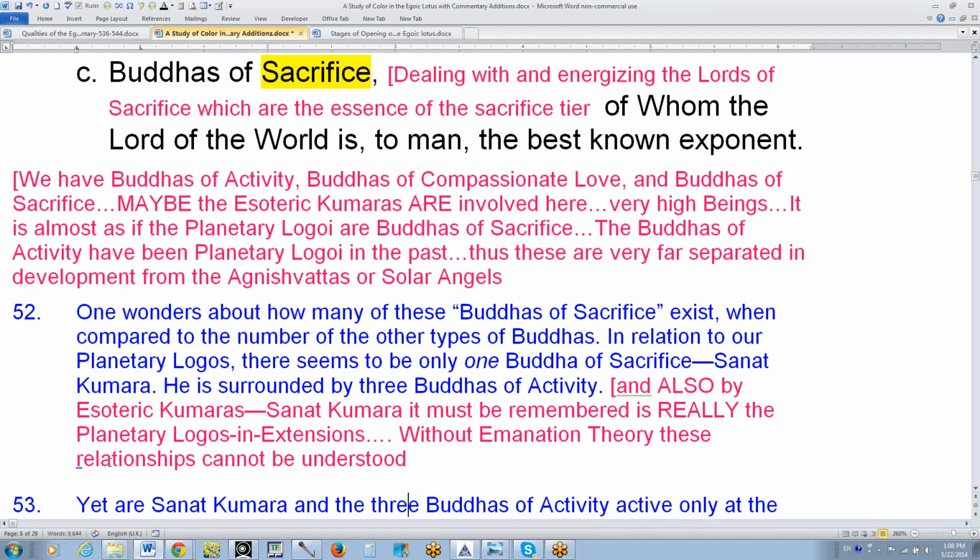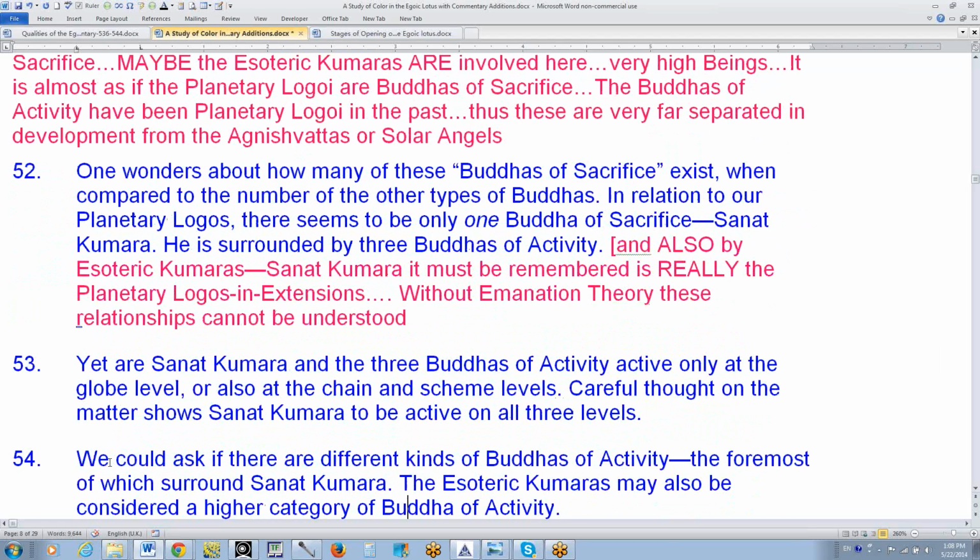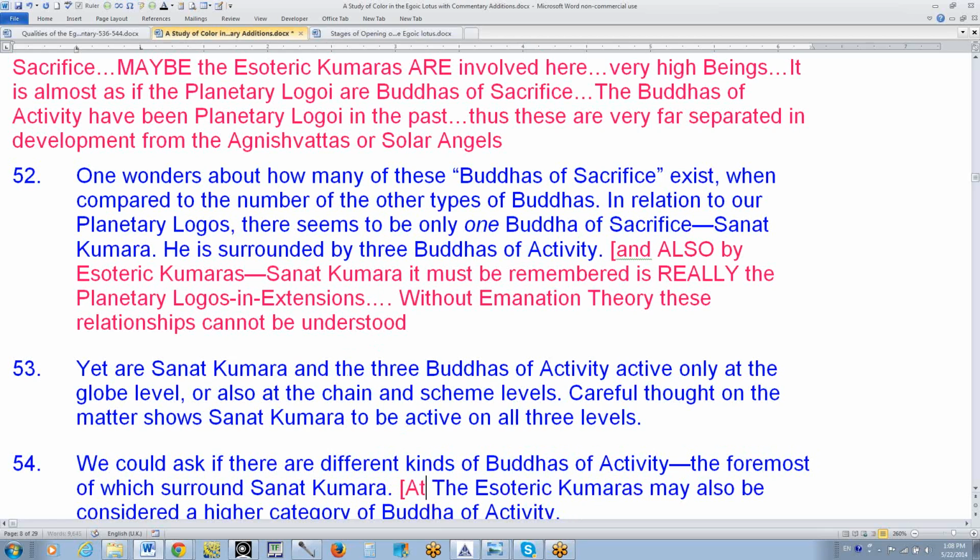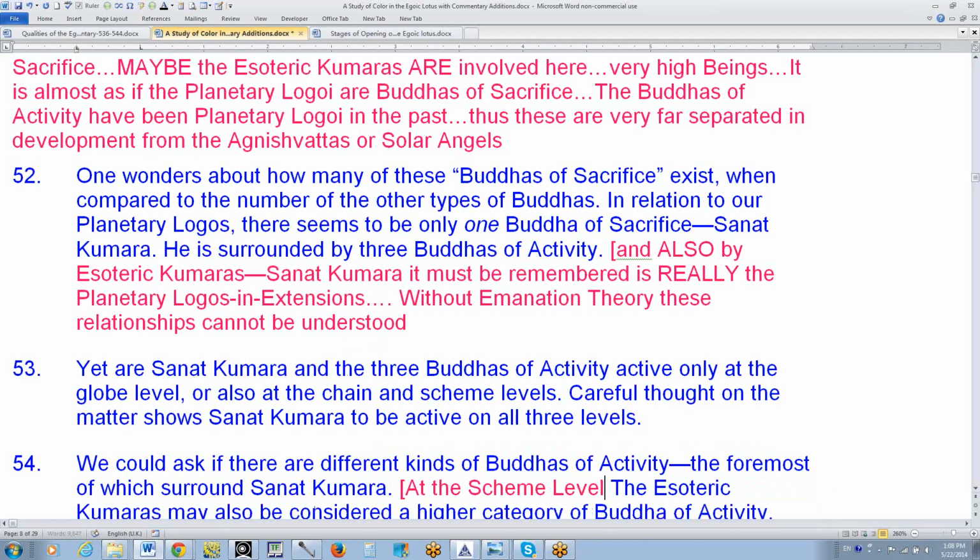Yet are Sanat Kumara and the 3 Buddhas of activity active only at the globe level, or also at the chain and scheme levels? Careful thought in this matter will show Sanat Kumara, who is essentially the planetary logos, to be active at all 3 levels. We could ask if there are different kinds of Buddhas of activity, the foremost of which surround Sanat Kumara at the scheme level.